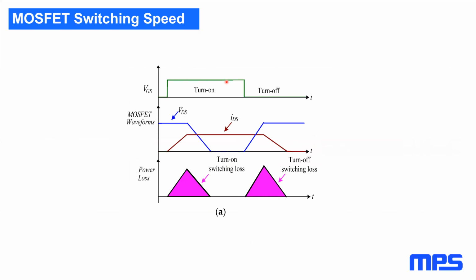You can sort of envision it: as the current's going up and the voltage is going down, there's a period where you're dissipating power. Take the voltage and the current, and multiply that times, for example, the turn on or turn off time divided by the PWM frequency. That's basically how you do it.